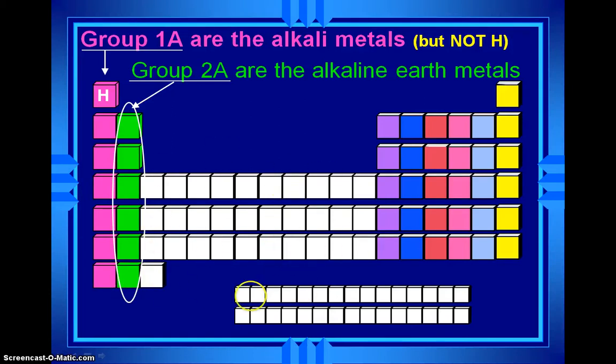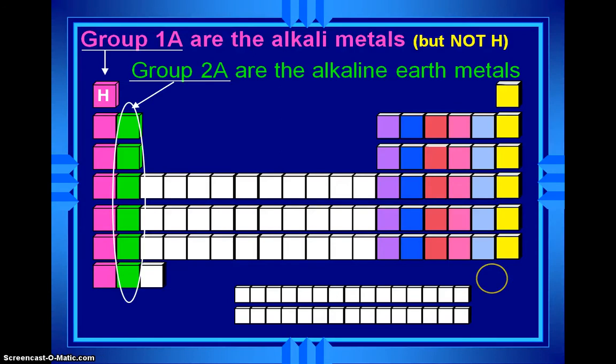All of the white are transition metals, including the lanthanide and the actinide series. These groups right here, groups 3, 4, 5, and 6, don't get specific names because, recall, our stair-step line falls right here.